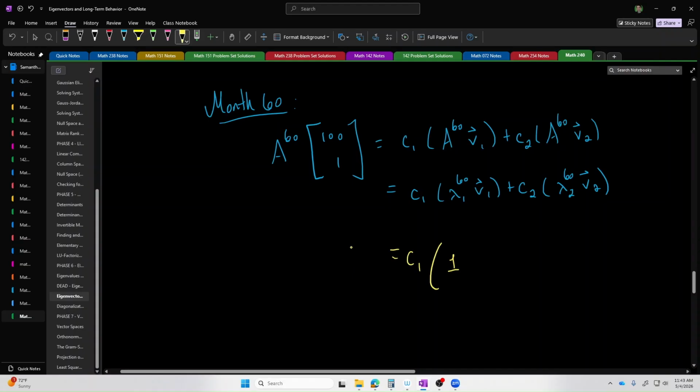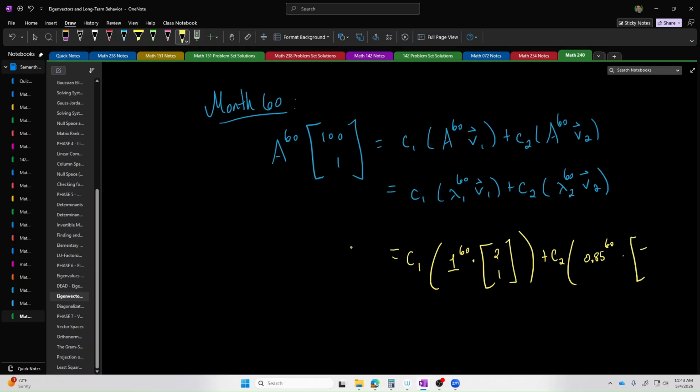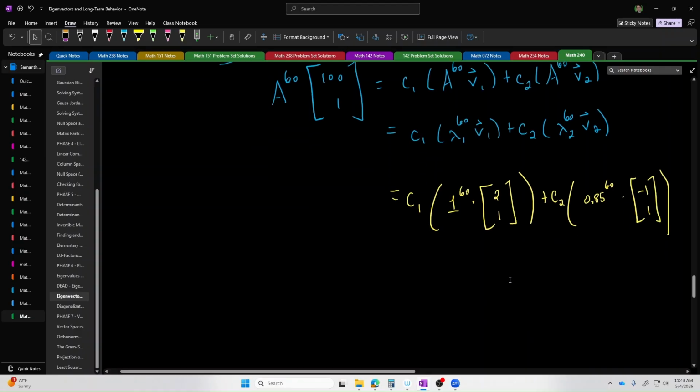Lambda 1 was equal to the number 1. V1 was equal to the vector (2, 1). And in the back, lambda 2 was equal to 0.85, and V2 was equal to (-1, 1). Now let's think about this. When I raise 1 to any power, for example, 1 to the power 60, I just get 1 back.